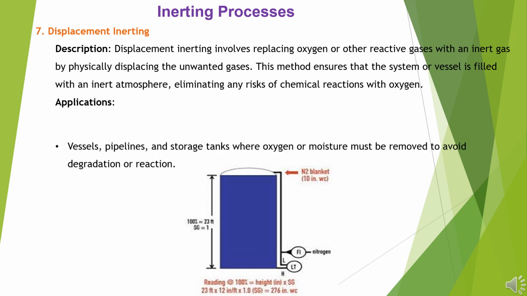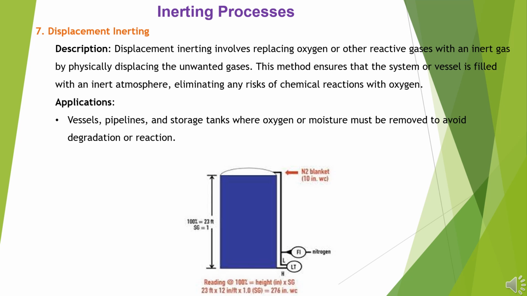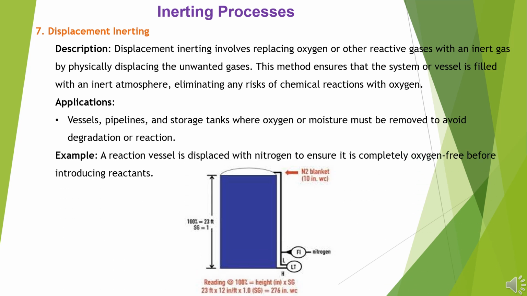Applications: vessels, pipelines, and storage tanks where oxygen or moisture must be removed to avoid degradation or reaction. Example: a reaction vessel is displaced with nitrogen to ensure it is completely oxygen-free before introducing reactants.